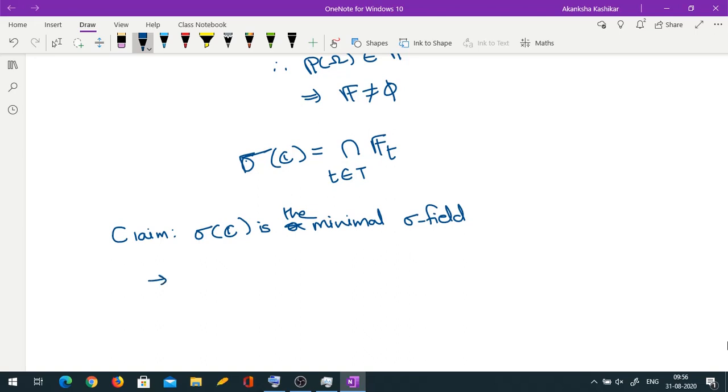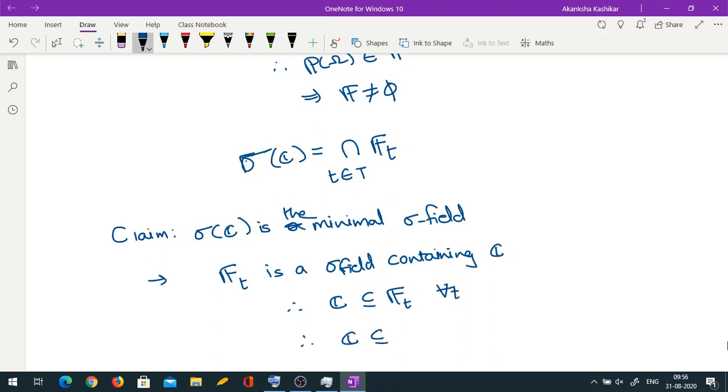What I know is every F_t is a sigma field containing C. Okay, that is the definition of F_t. Therefore, C is a subset of F_t for every t by definition, and therefore C is a subset of the intersection of F_t.